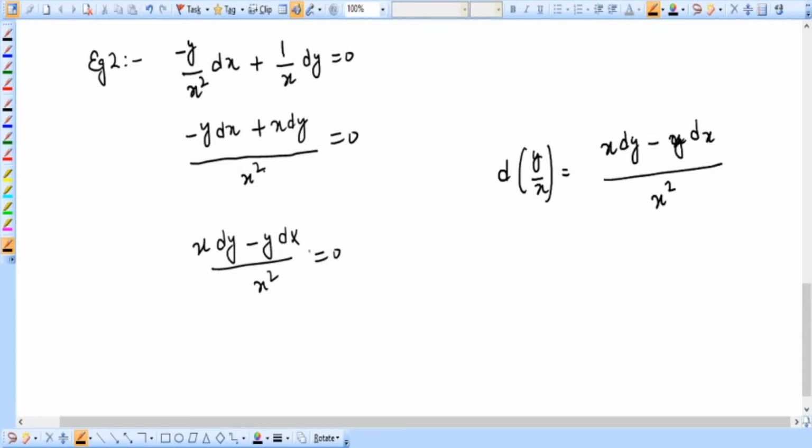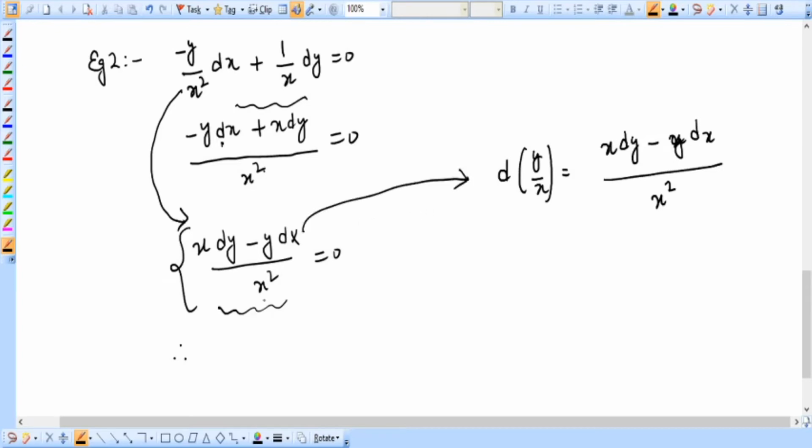So this is equal to this equation, and these are the same.